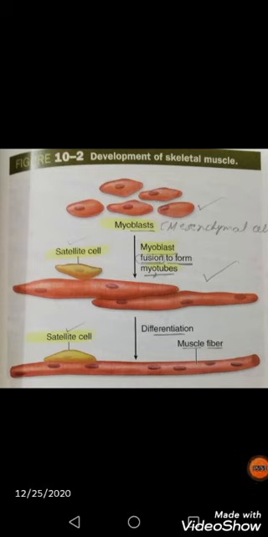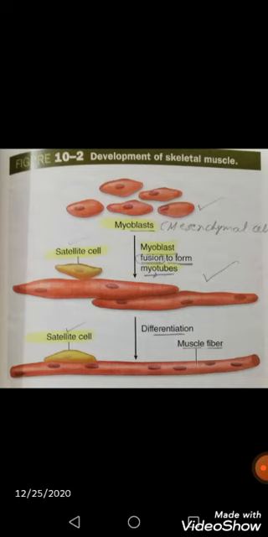Now the nucleus is on the peripheral region of the cell, and the myofilaments that appear as cross striations take the central position, because the major or important function of the skeletal muscle is contractility.